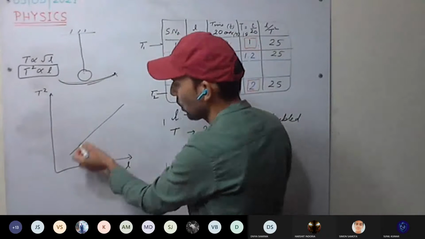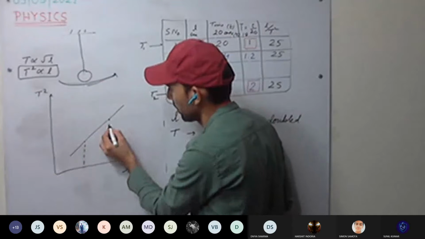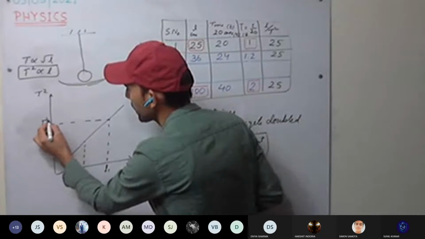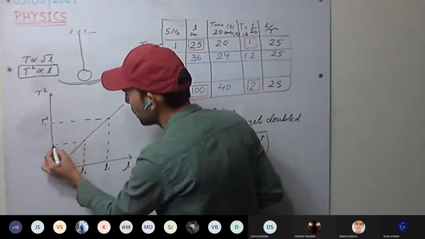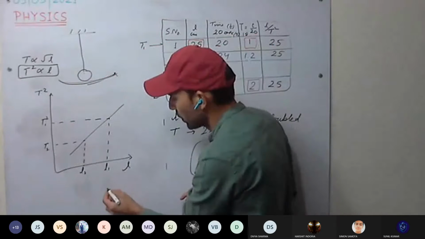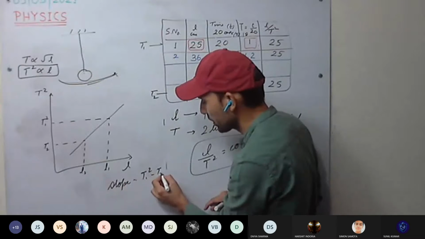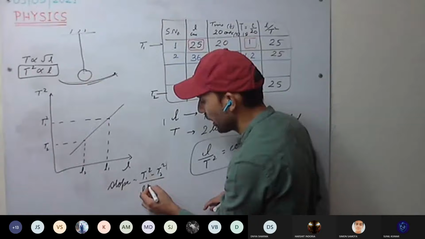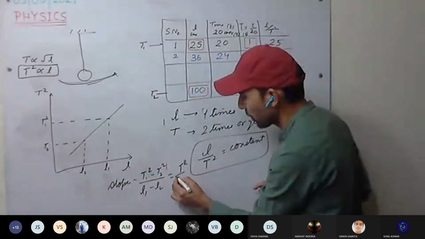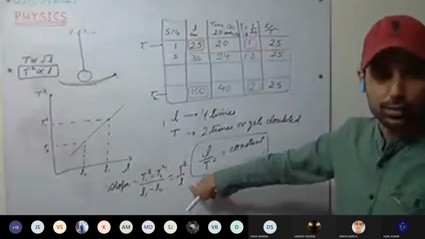So how do we find the slope of this line? Let it be L1, corresponding T1 square, and L2, corresponding T2 square. Now subtract them. So the slope will be T1 square minus T2 square divided by L1 minus L2, or simply T square upon L. That is the slope.